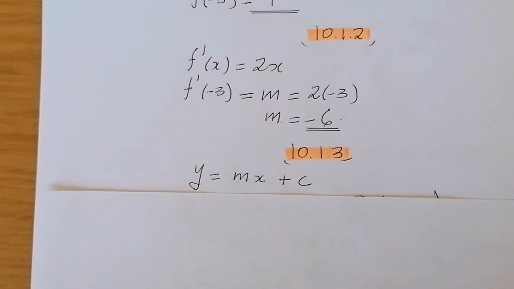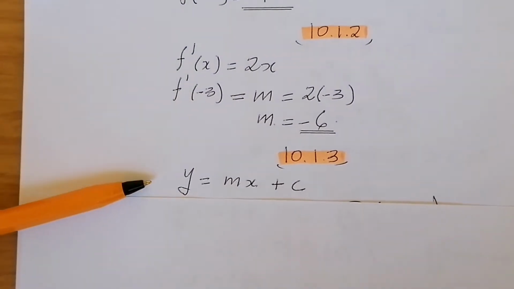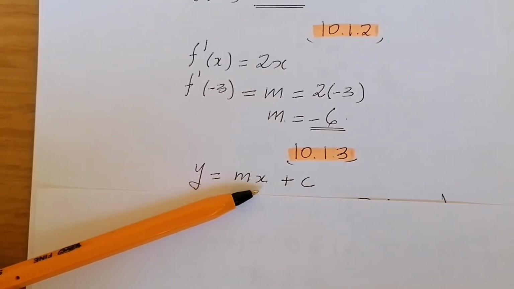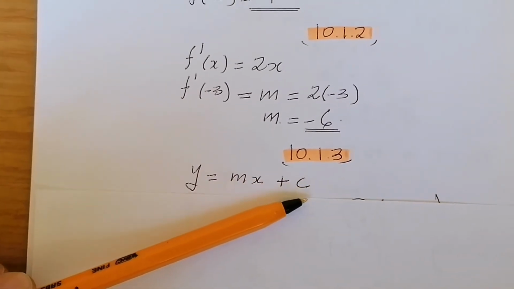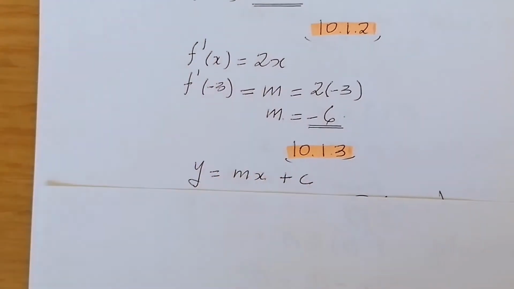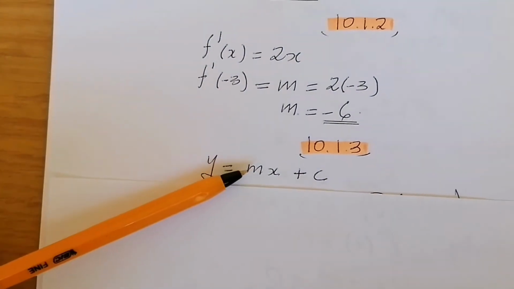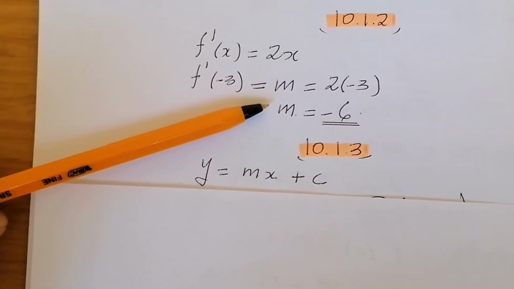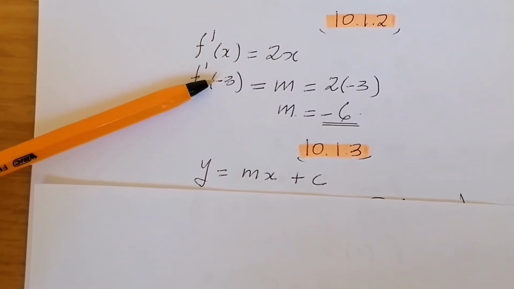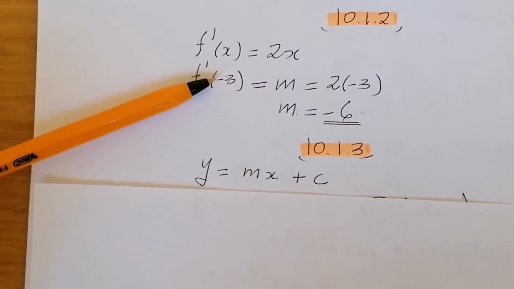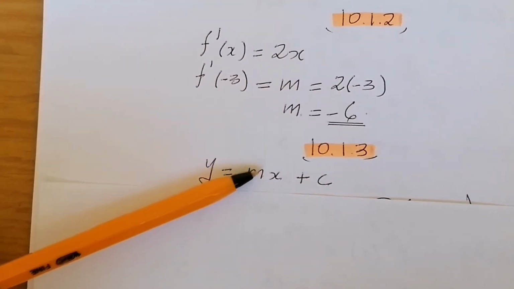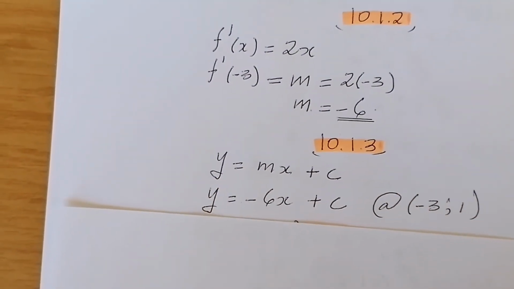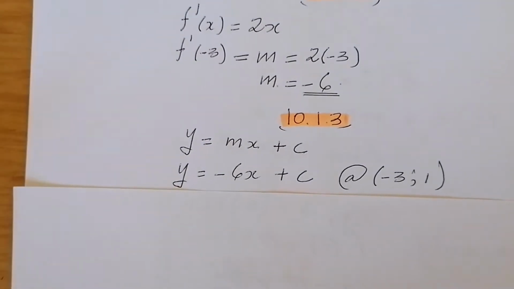Number 1, I'm saying the equation of a tangent is defined as gradient multiplied by x plus the y-intercept. Now, in this case, remember I have determined the gradient of the tangent at a point x is equal to minus 3. Now it means where I see m, I must substitute minus 6, which is exactly what I did in my next step.